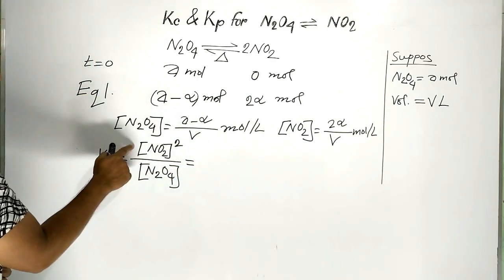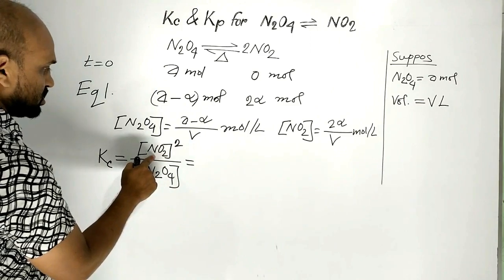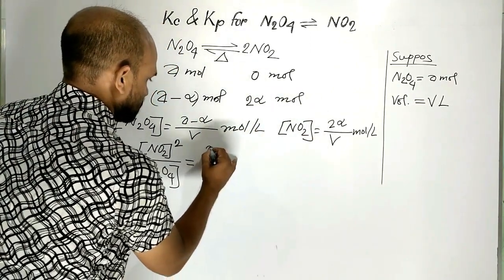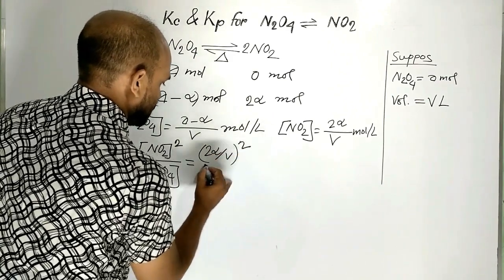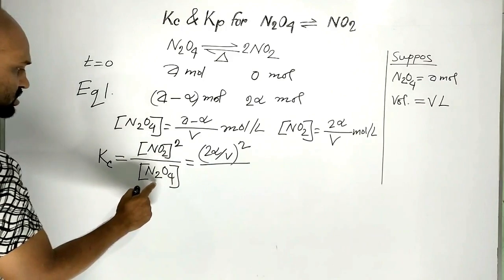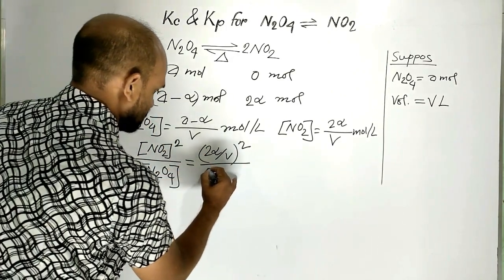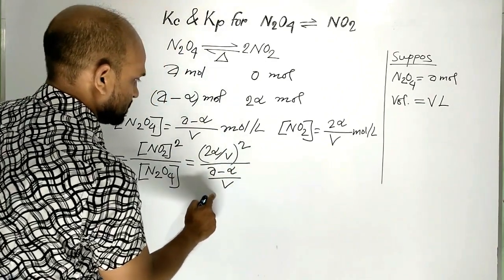Putting the values of the concentrations of these components, we get concentration of nitrogen dioxide, twice alpha by V, square, divided by concentration of dinitrogen tetroxide, A minus alpha divided by V.